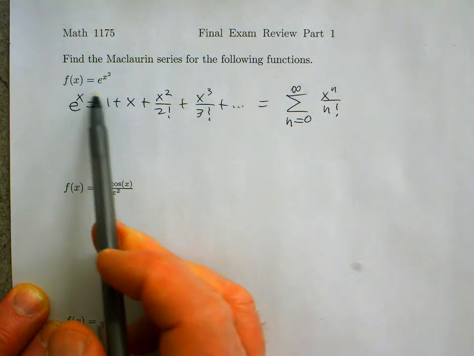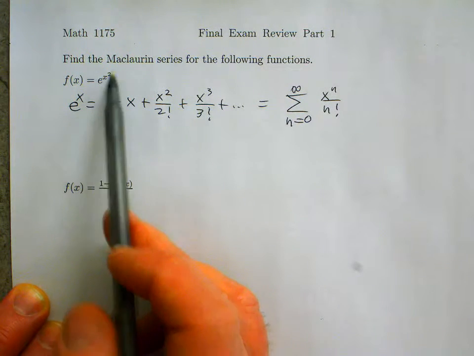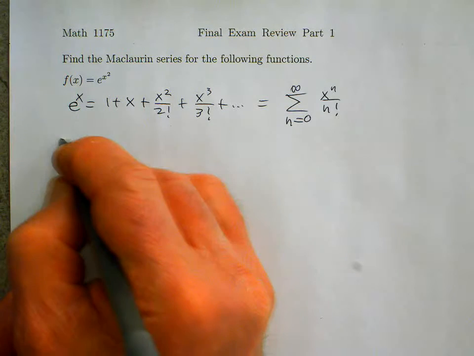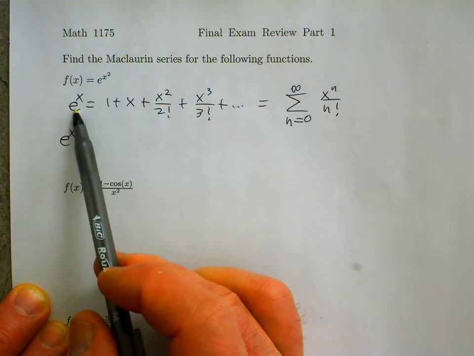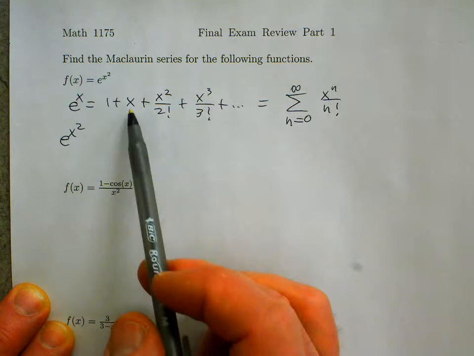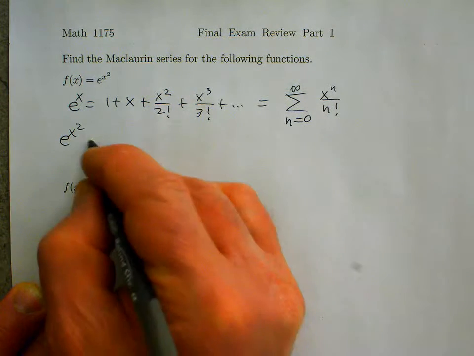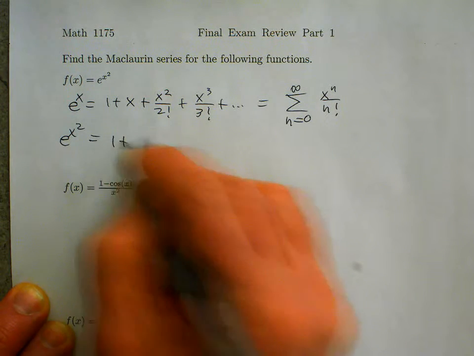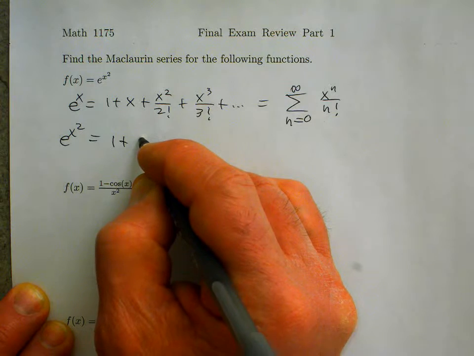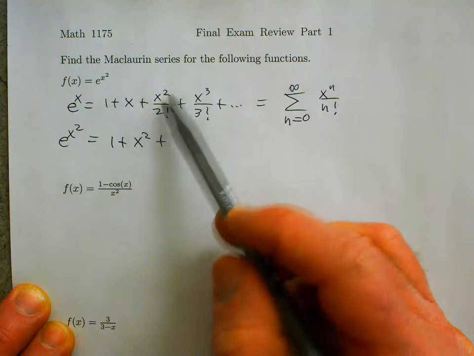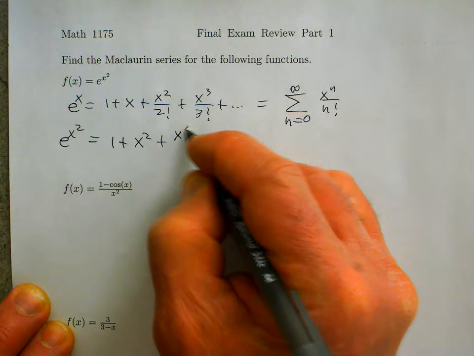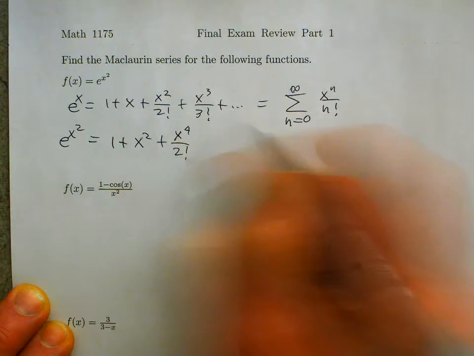And so the Maclaurin series for e to the x squared, all we have to do is replace every x in the series for e to the x with x to the second. So we get 1 plus, replace that with x to the second, and then x to the second is x to the fourth over 2 factorial.